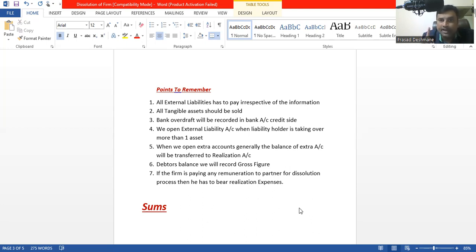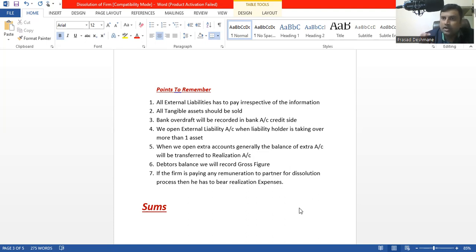If the firm is paying any remuneration to the partner for the dissolution process, then he has to bear litigation expenses. This is a very important point. Suppose there are three partners A, B, C, and we approach A and say, "We are appointing you as the dissolution processor.